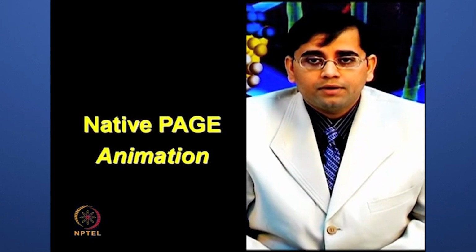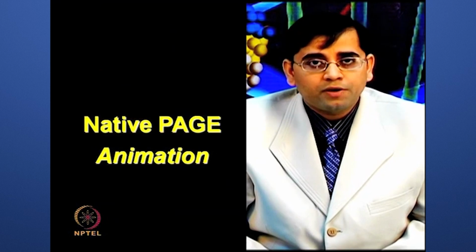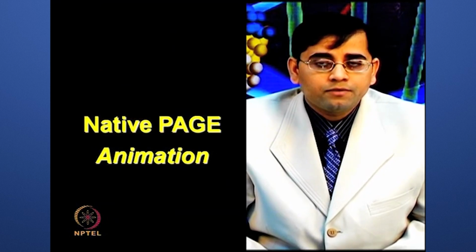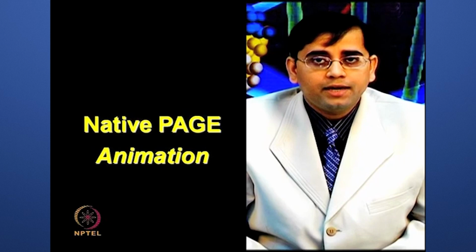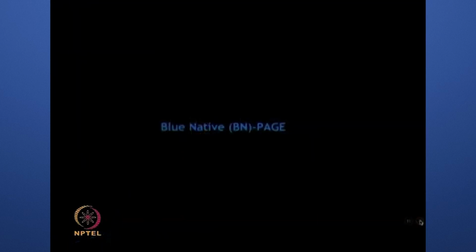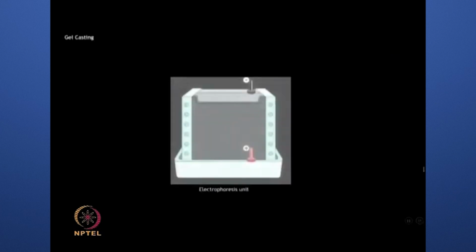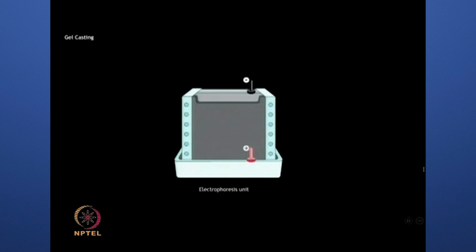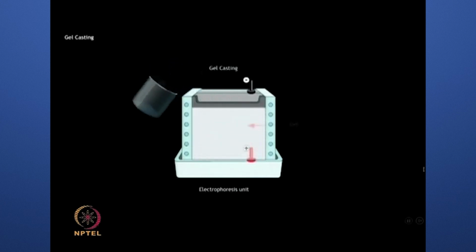I will now show you an animation of how to perform the native polyacrylamide gel electrophoresis, blue native page or BN page. The polyacrylamide gel is cast between the glass plates as a vertical slab in the same buffer that is used for electrophoresis.